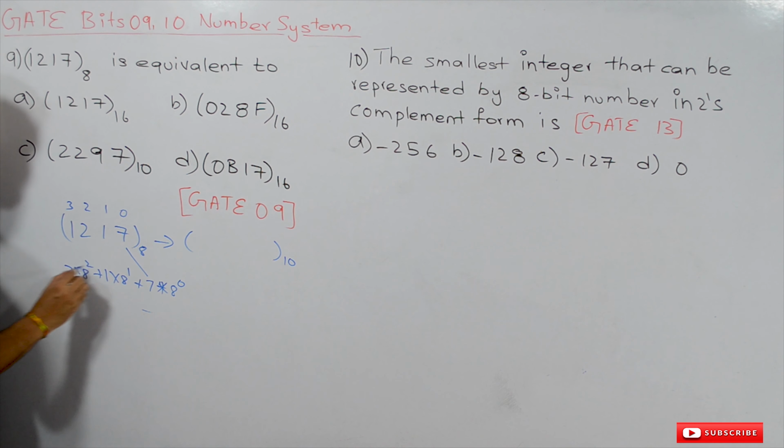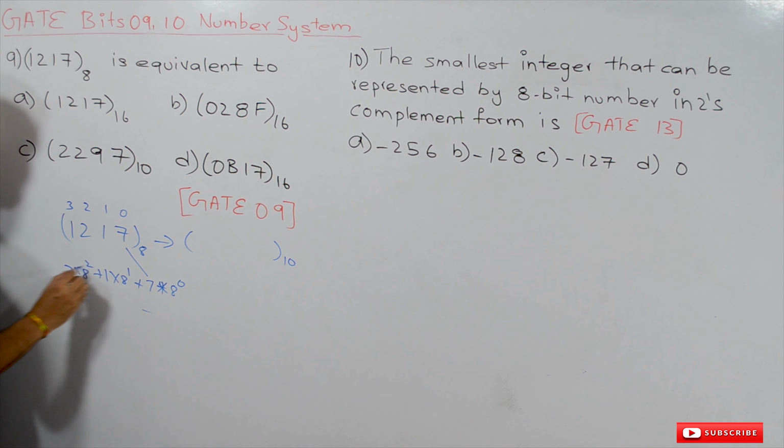It is 655. So the decimal equivalent of this number is 655, which is not among the options. We only have one option in base 10, so this is not the right option.